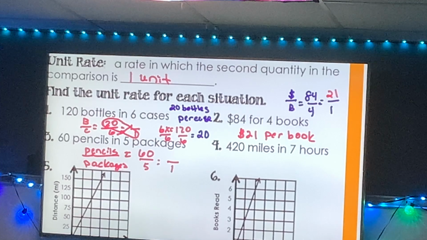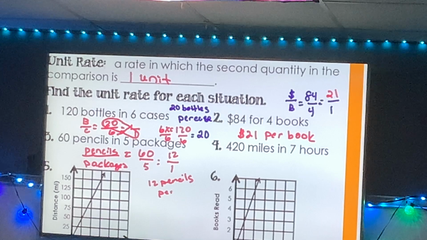How many per package? 12. So 12 pencils per package. You do number 4.